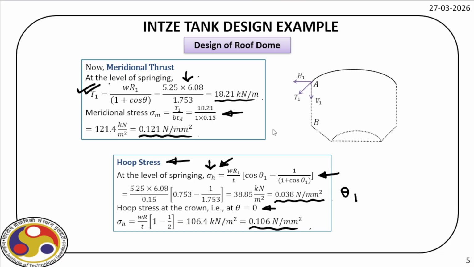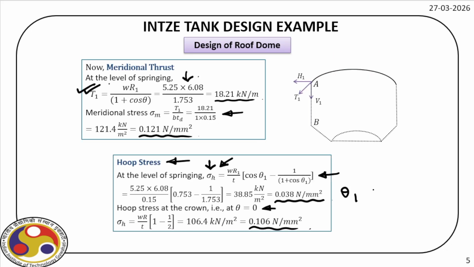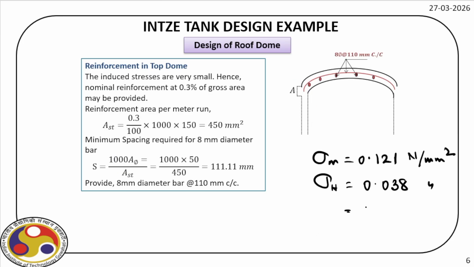For that, you can see the stresses are very low. So sigma m is 0.121 Newton per millimeter square and sigma h is 0.038, and for theta equal to 0 it is 0.106.